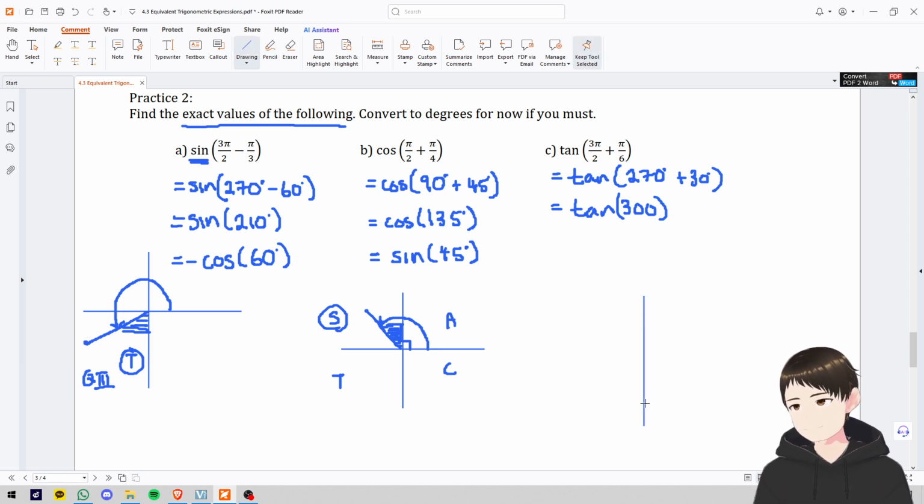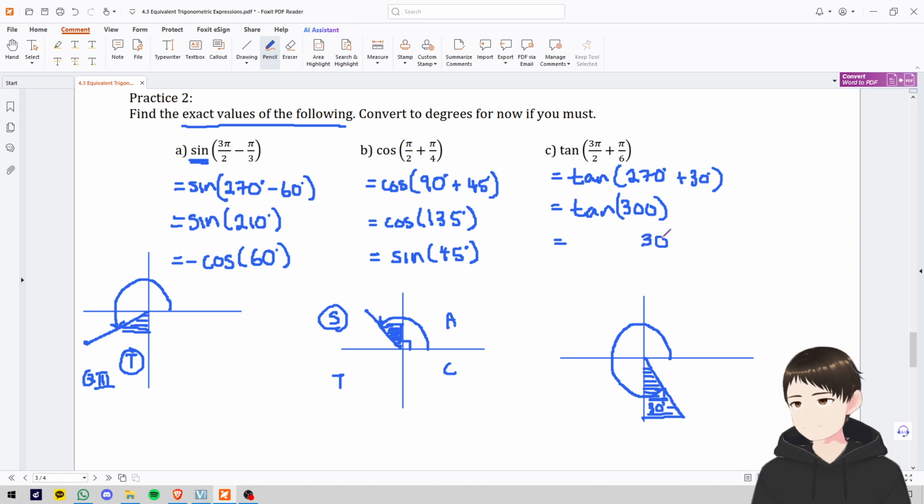Well, let's do it again. 300 degrees, this would be right here, because 3 quadrants gives me 270, plus a little bit extra gives me 300. 270 plus what is 300? You guessed it. The angle that I make with the y-axis is 30 degrees. So I write 30.